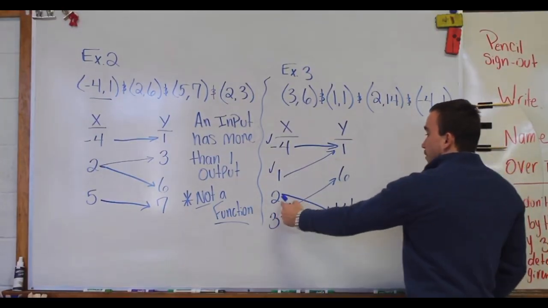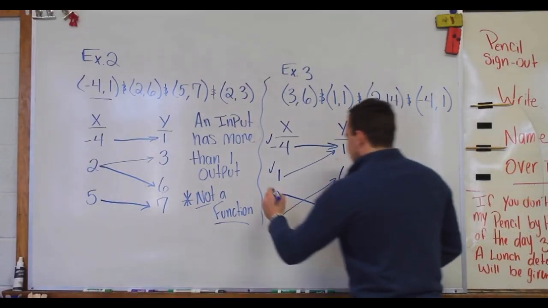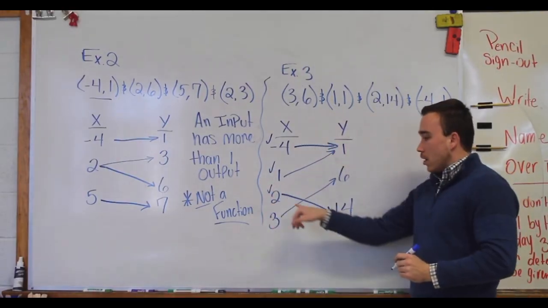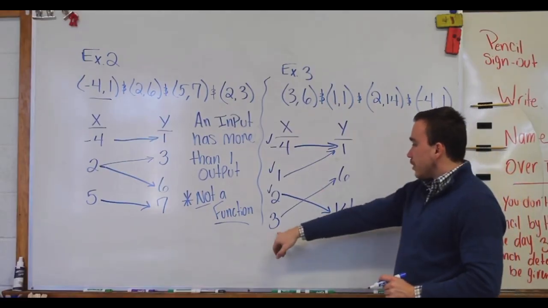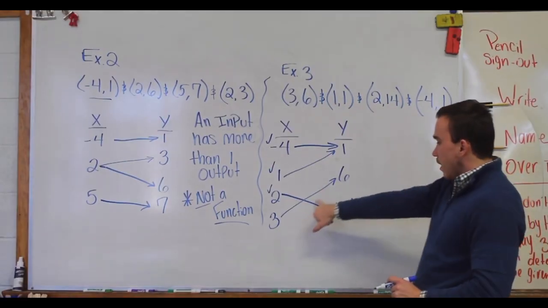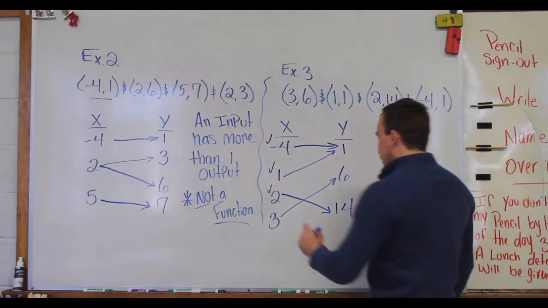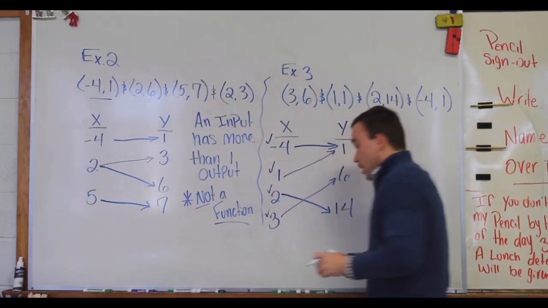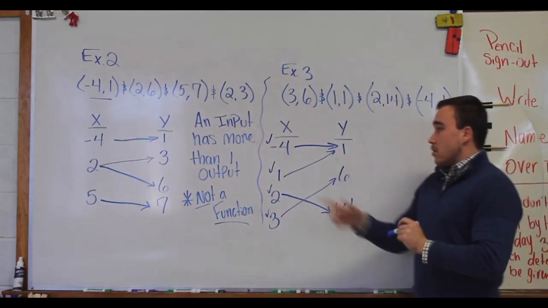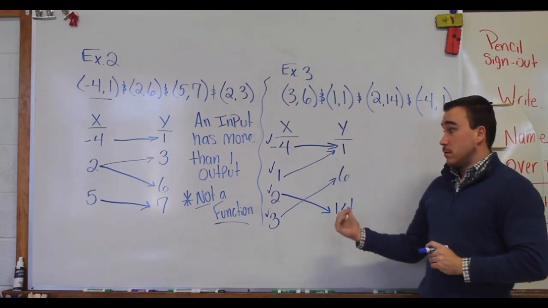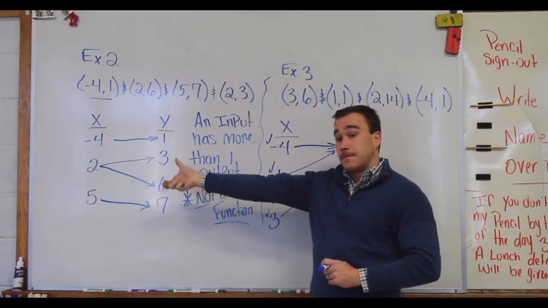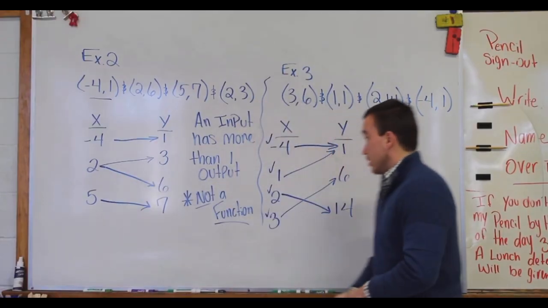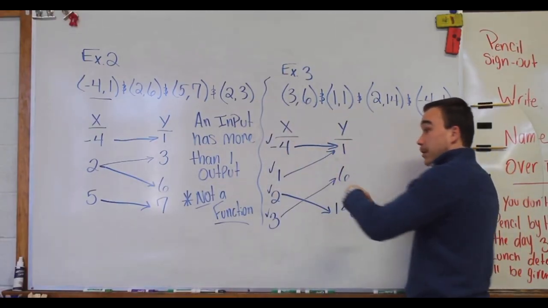The only output we get when we input 2 is 14. There's only one arrow coming off of 2. And last, when we input 3, we only get one arrow off of it, which is 6. So each input only has one arrow coming off of it. Over here, this input had 2 separate outputs, so that made it not a function. But because every input has one output, we're good.